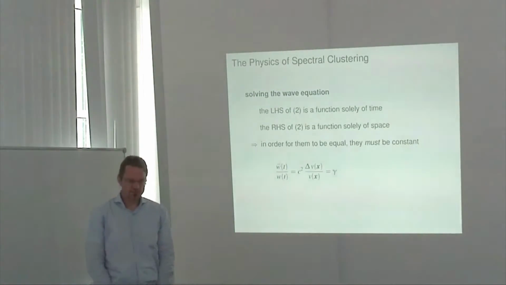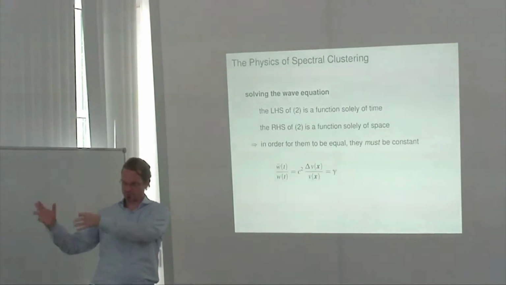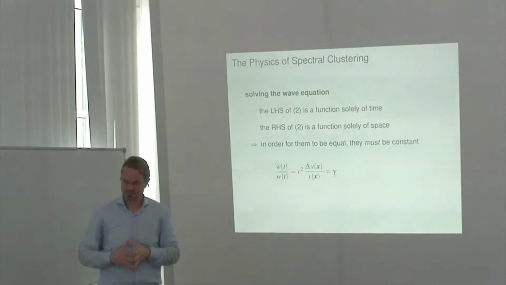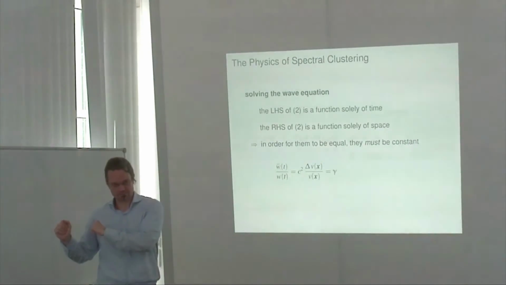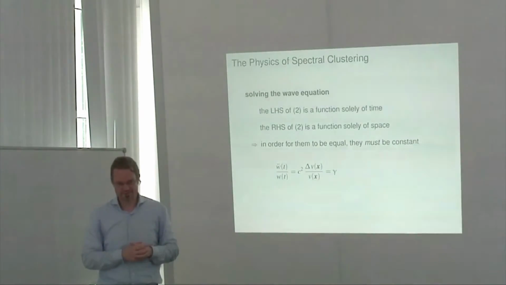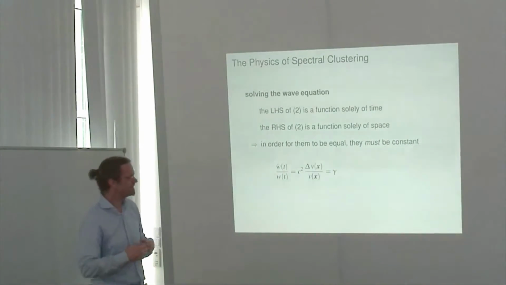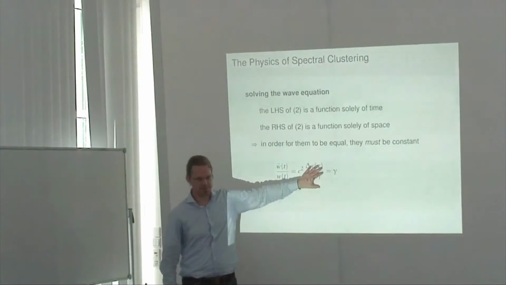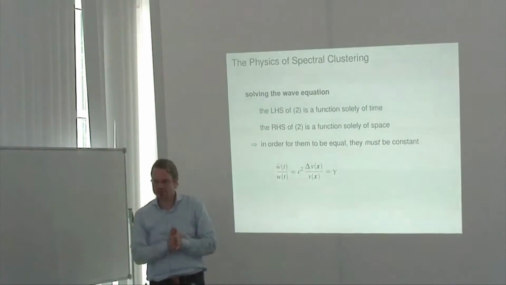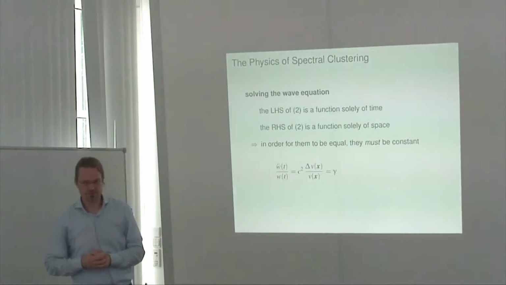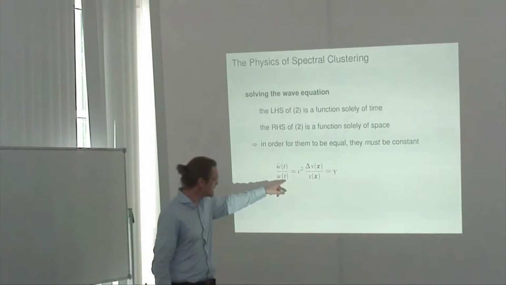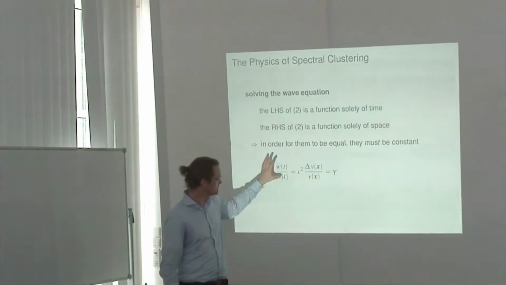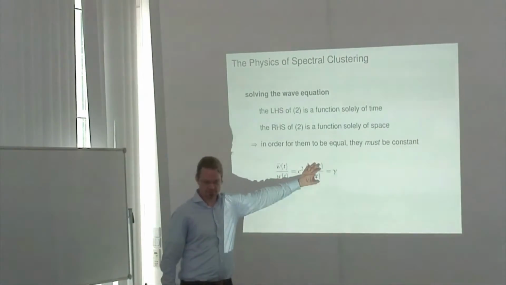In order for a function of time to equal a function of space for every point in time, every point in space, not only for a particular point in time, t naught, and a particular point in space, say x naught, but for all t and all x, this can only hold if this is a constant and this is a constant.